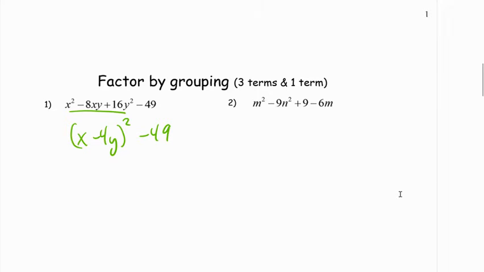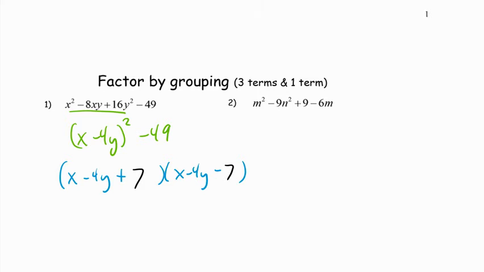Now I got a square minus a square, so x minus 4y plus 7, x minus 4y minus 7.